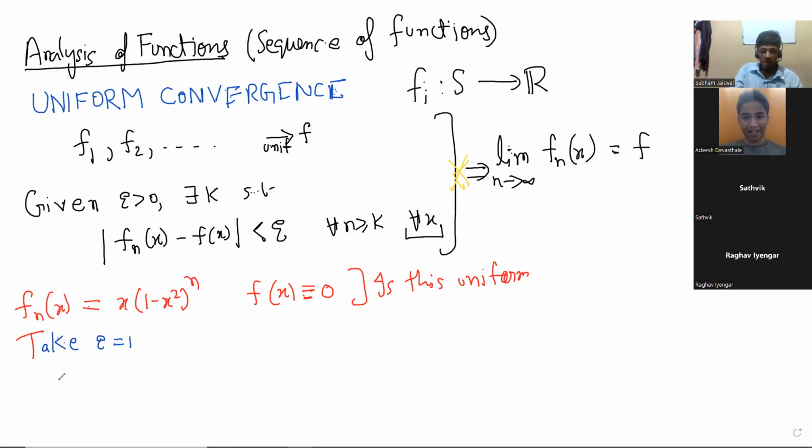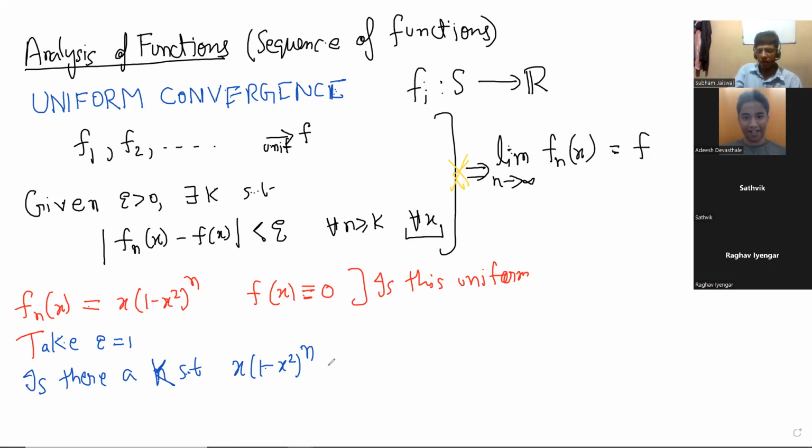We want to see, I'm just writing it in words, is there an n or is there a k such that |x(1 minus x squared)^n minus 0| is less than 1? Because we know that if there is a limit, then that limit has to be 0. We are just asking if it's a uniform limit, if it converges in the stronger sense.